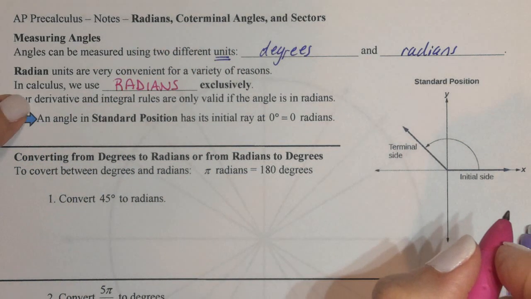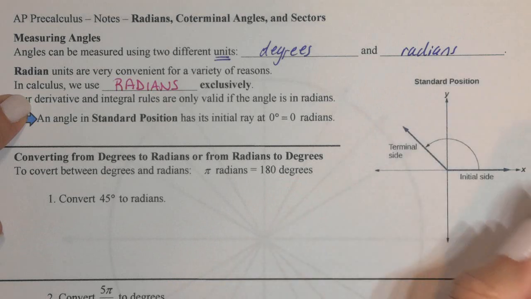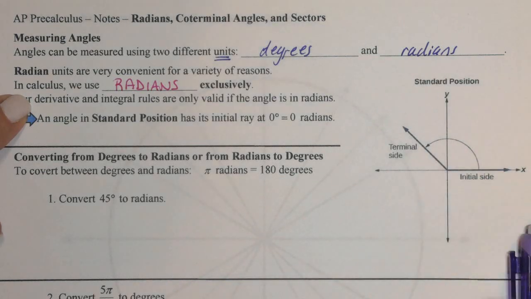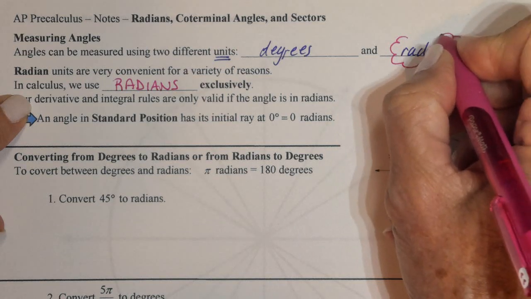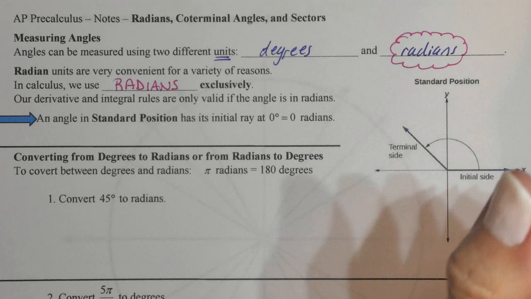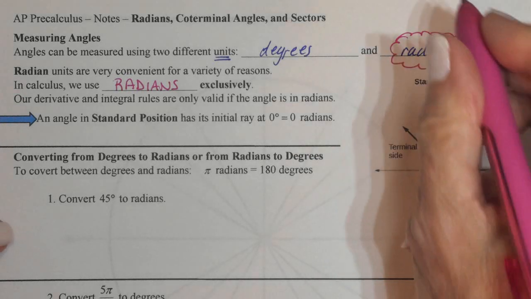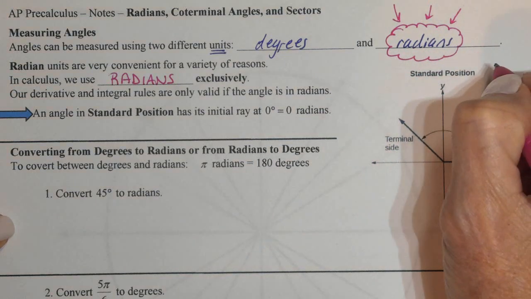Our derivative and integral rules are only valid if the angle is in radians. So, everything that we do in calculus is radians. Because of that, this is what we're going to be using in pre-calculus, because we're getting you ready for calculus. Alrighty? So, I need you to get very comfortable with radian units.